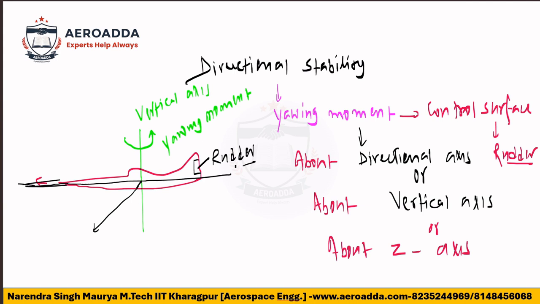The tail is basically divided in two parts, horizontal stabilizer and vertical stabilizer. On the horizontal stabilizer, you have seen there is an elevator. On the vertical stabilizer, we'll have a rudder here.